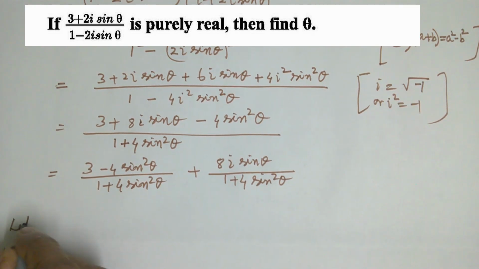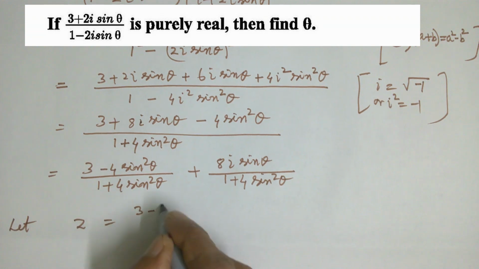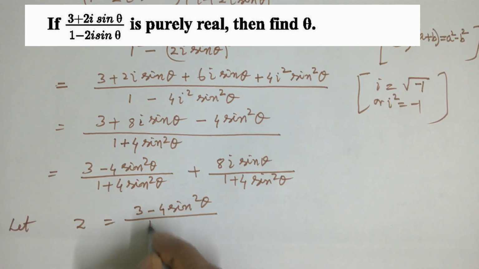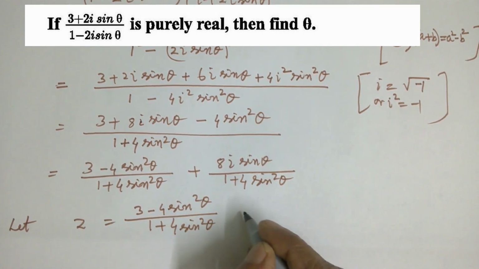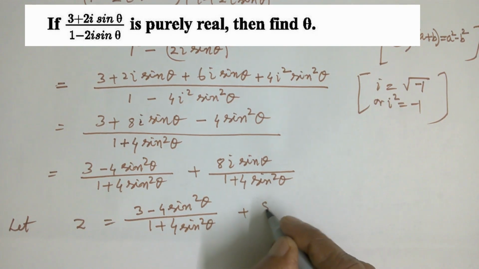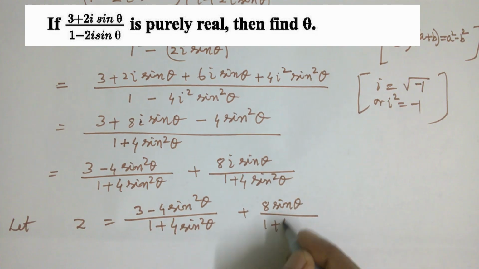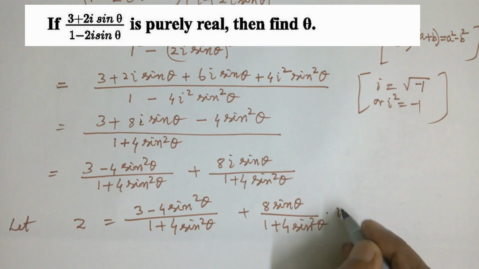Let z be equal to (3 minus 4 sin square theta) by (1 plus 4 sin square theta) plus 8 sin theta by (1 plus 4 sin square theta) into i.